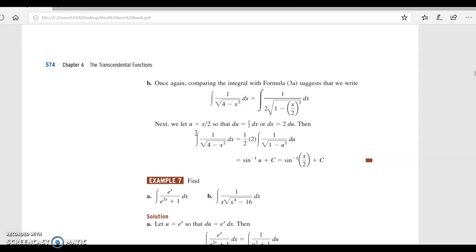Substituting x by 2 equal to u, then du equals dx by 2. Then this becomes 1 by 2 times 2, that will get cancelled. Sine inverse u plus c. That is sine inverse of x by 2.